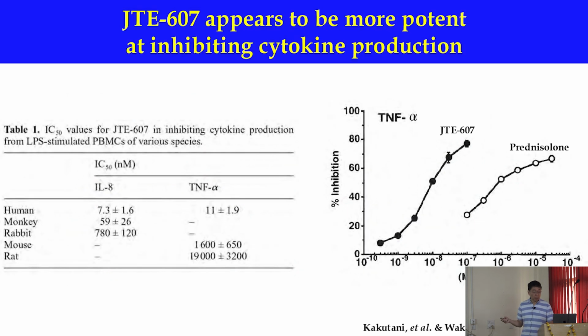So that's all good. Okay, so I went back and looked at the original 1999 paper from Japan Tobacco: anti-inflammatory in humans, monkey, rabbit, cytokine production. In their hands, JTE607 actually is very potent. You can see this response curve.